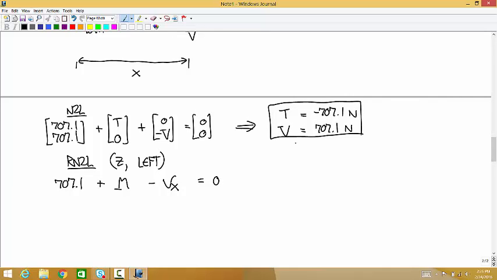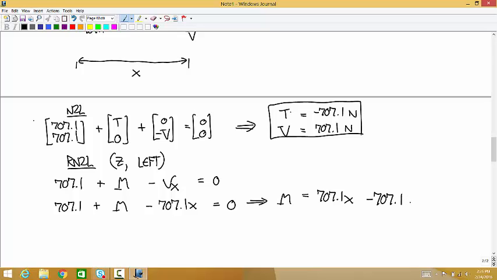We have V, so this says 707.1 plus M minus 707.1x is equal to 0. And so solve for M, and you get 707.1x minus 707.1.